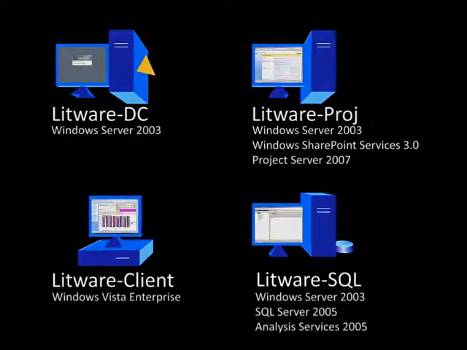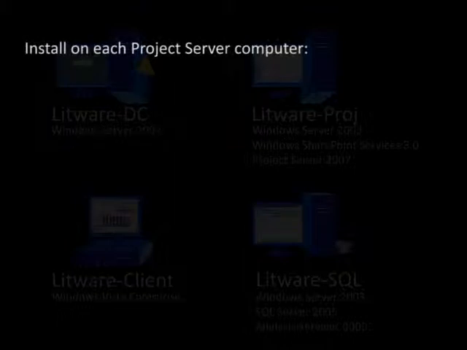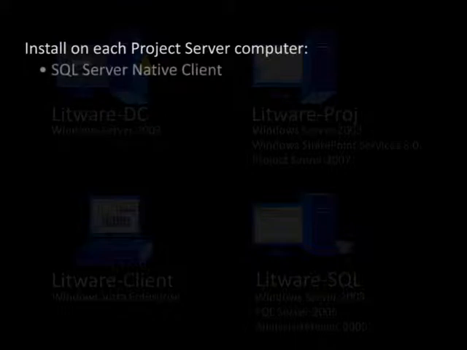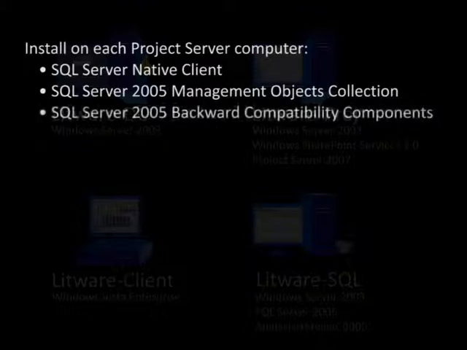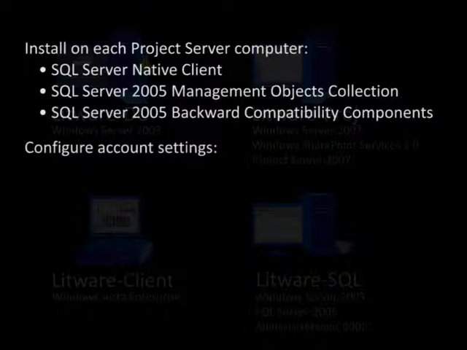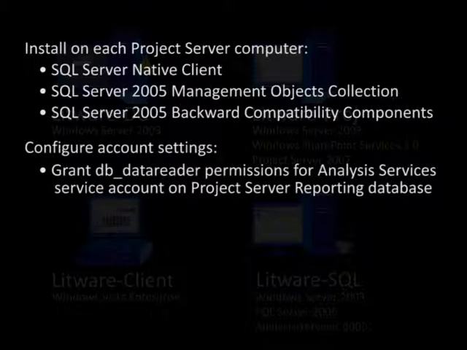So to recap what we saw here in part 2, first we installed the prerequisites required on the computer running the Project Server Application Service, including the SQL Server Native Client, the SQL Server 2005 Management Objects Collection, and the SQL Server 2005 Backward Compatibility components. Then we did some account configuration. We granted DB Data Reader permissions for the Analysis Services account on the Project Server 2007 Reporting Database.